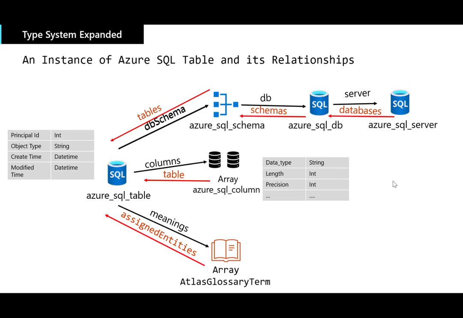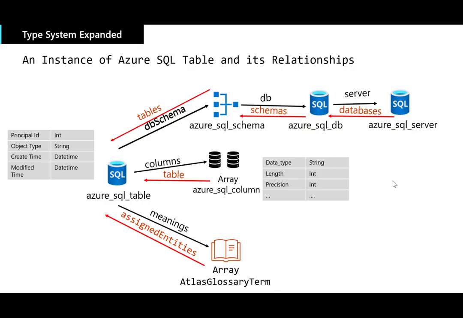Some of them are optional. So for example, you can create a SQL table with no columns. But if you create a SQL table, you must create a DB schema that it is attached to. If you're creating a DB schema, well, you're going to be required to create a database, a DB in this case. And then finally, if you're creating a SQL DB, you have to create a server to attach it to as well.